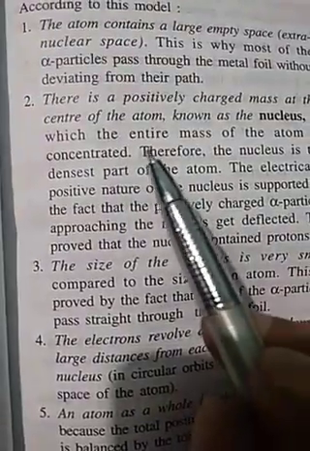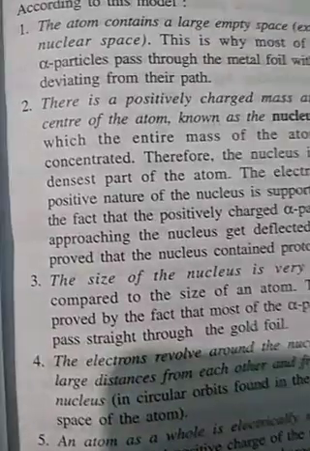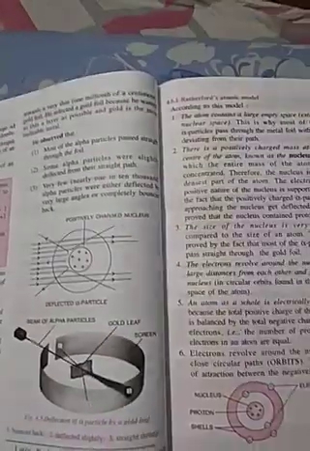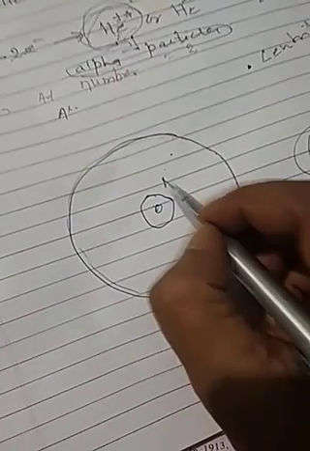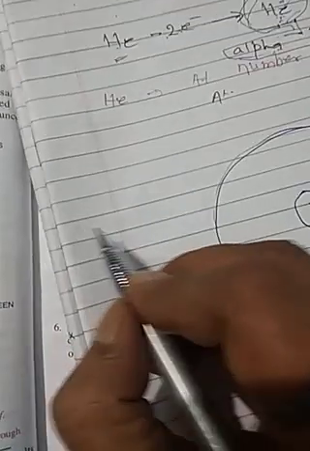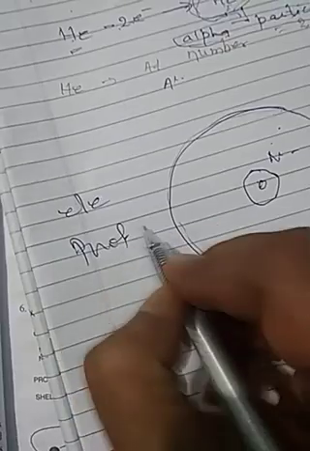Now there was a statement: the entire mass of the atom is concentrated at the nucleus. See, Babu, now this center we will call the nucleus. We know that an atom is made up of electrons and protons only.